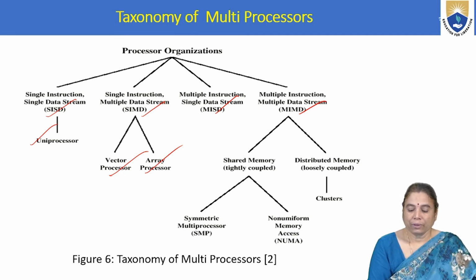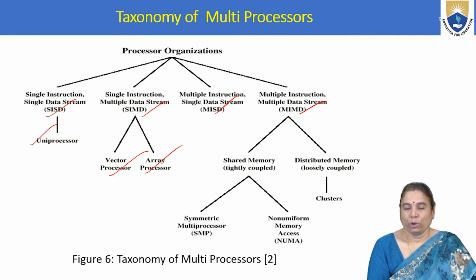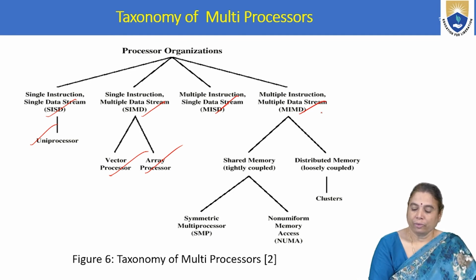In the case of MISD, they are not practically employable. The next architecture is MIMD, multiple instruction multiple data stream, which can be considered as multiple processors. They generally operate on 2 techniques, the shared memory technique and the distributed memory technique.